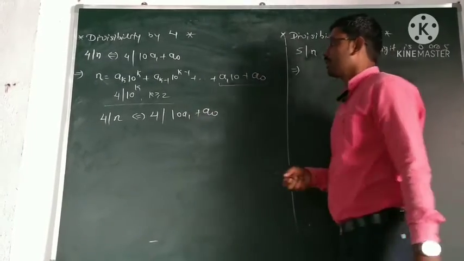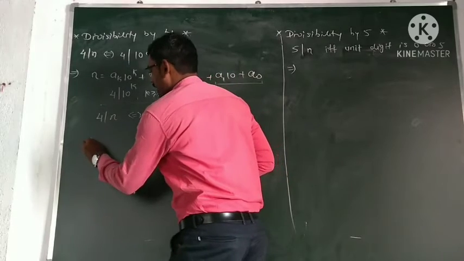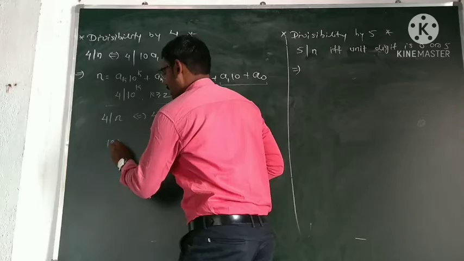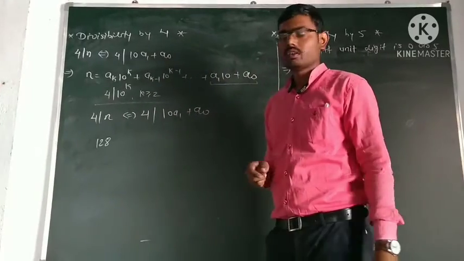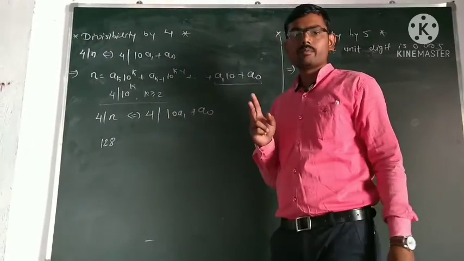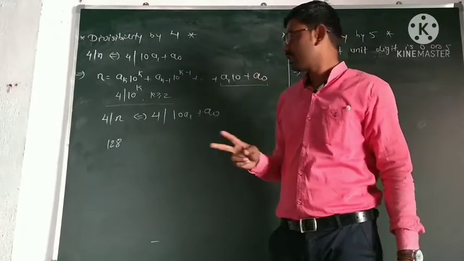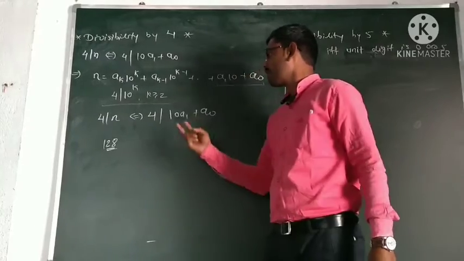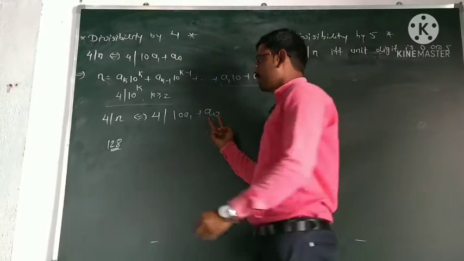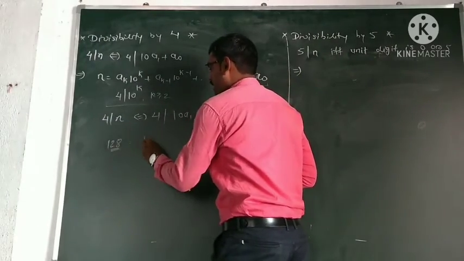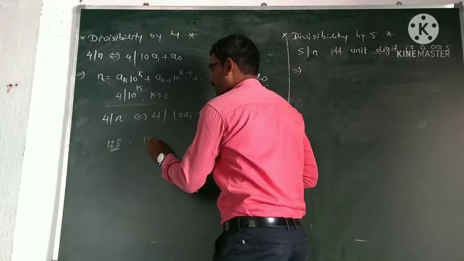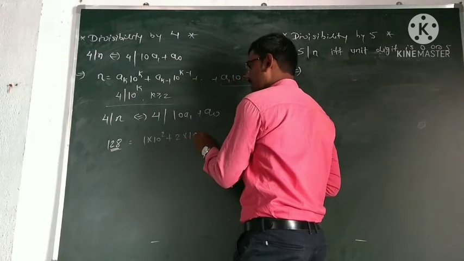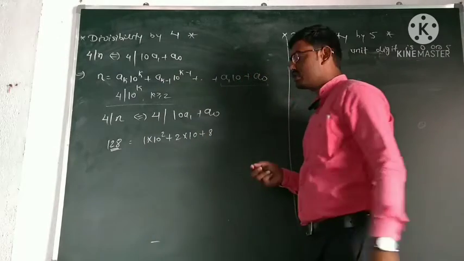For example, let's take the example 128. The number formed by the last two digits is 28. 10 times a1 plus a0 means we can write 128 as 100 plus 28. That is 1 into 10 raised to the power 2 plus 2 into 10 plus 8 into 10 raised to the power 0.